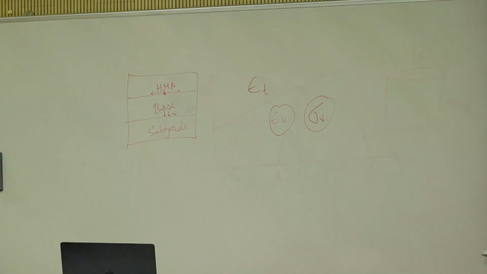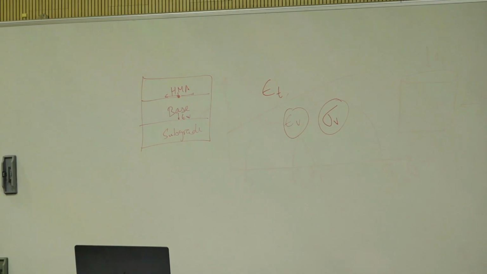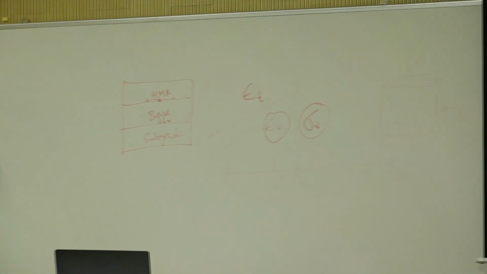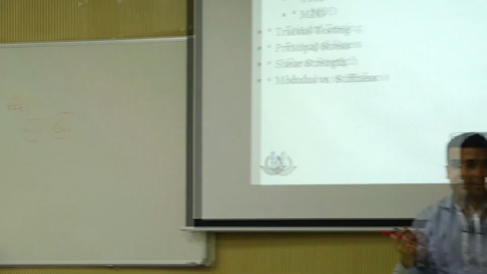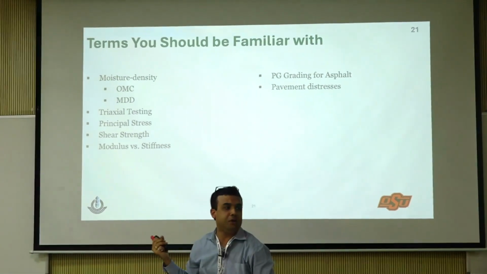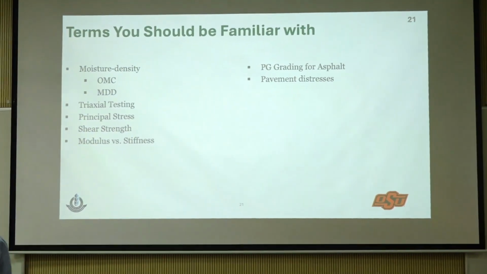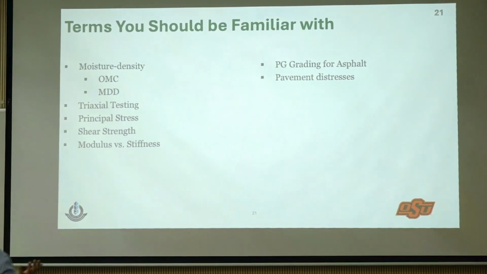We will go into that tomorrow. How does the stress compare to strength? QU, unconfined compressive strength, you know that, right? So where are you with respect to that? How does that ratio affect your behavior? We'll get to that tomorrow during subgrade evaluation. So SSR is a very important concept.